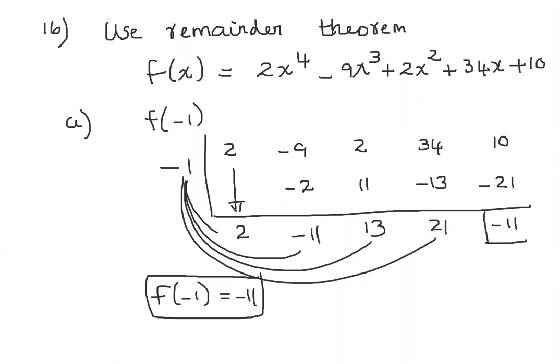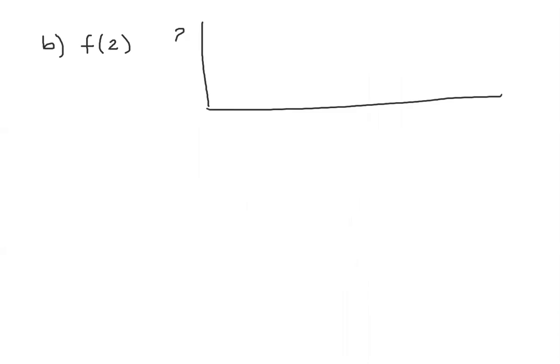Next, moving on to the next one, we have to find f of 2. This is part B. So we are going to divide the polynomial by 2.